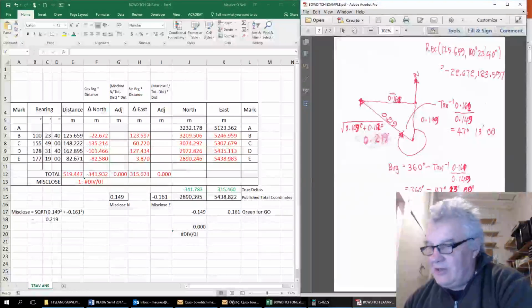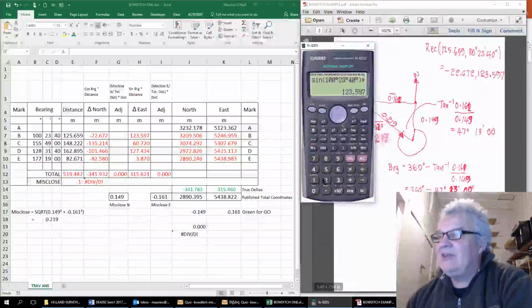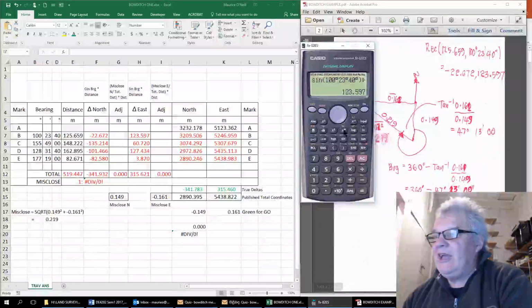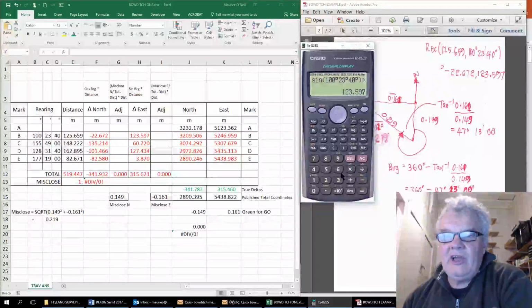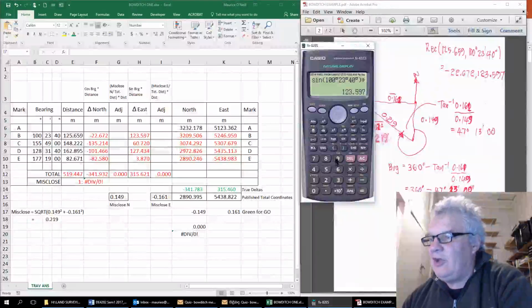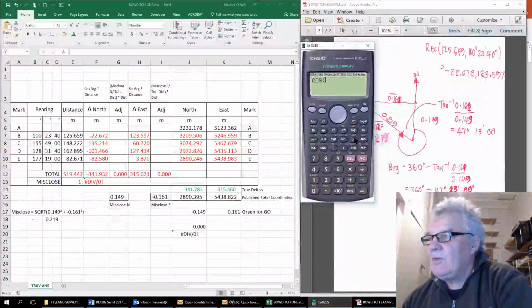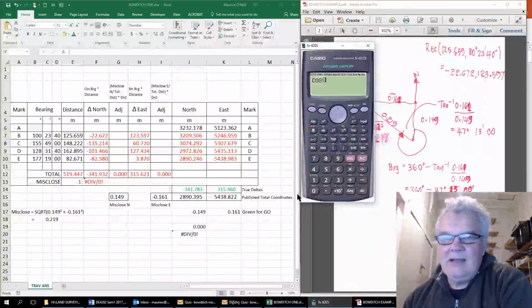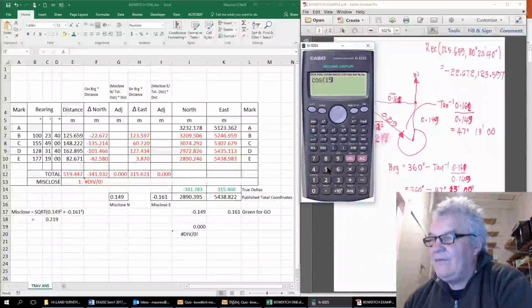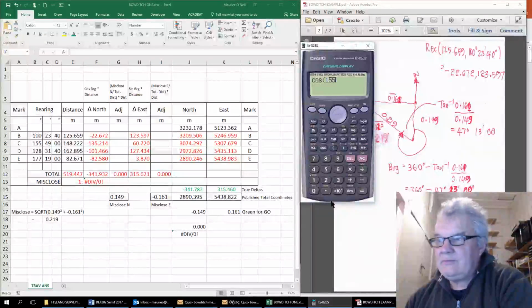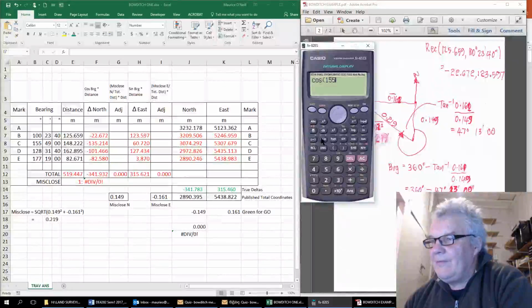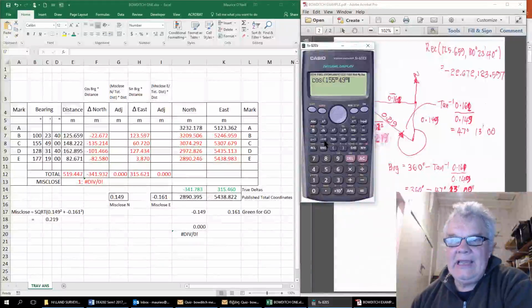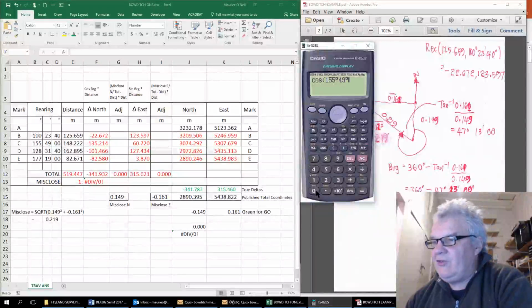So right, so let's get our calculator back. It keeps disappearing. Okay, so let's now go for this one, which is cosine 155 degrees, 49 minutes, and 0 seconds. I'll put them in.